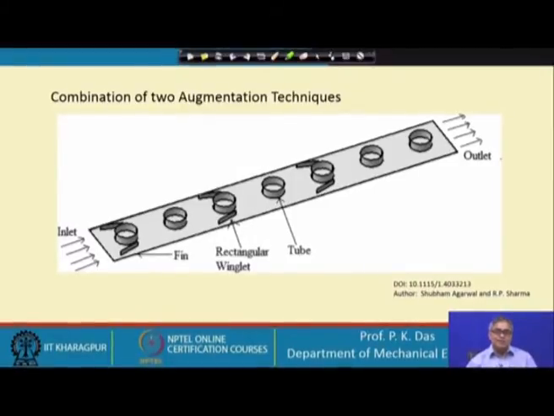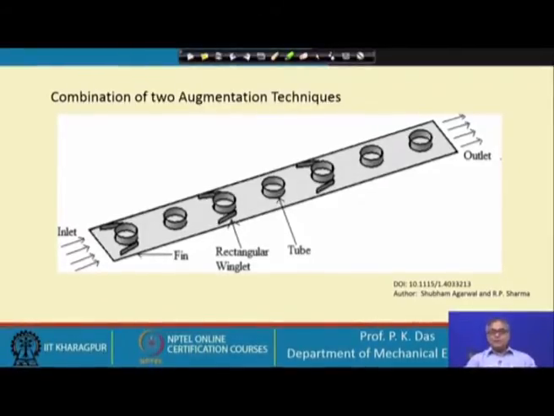One passive technique is increasing the surface area, and another passive technique is increasing the heat transfer coefficient. Two different passive techniques we have used, and with that we are getting a much larger heat transfer. So, this is one way how we can combine two different augmentation techniques together.